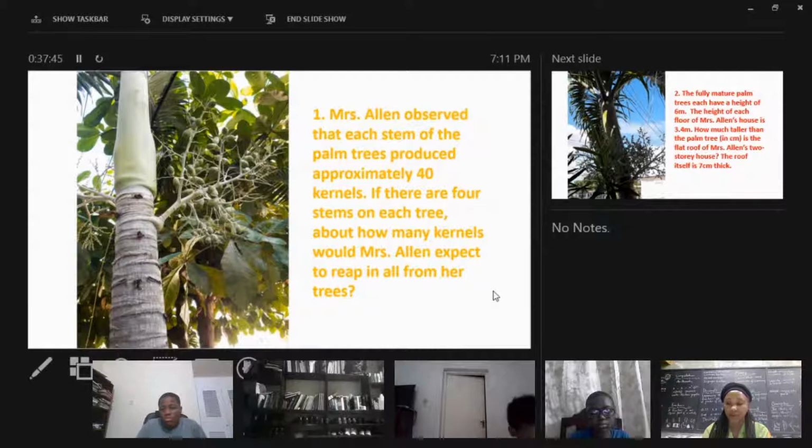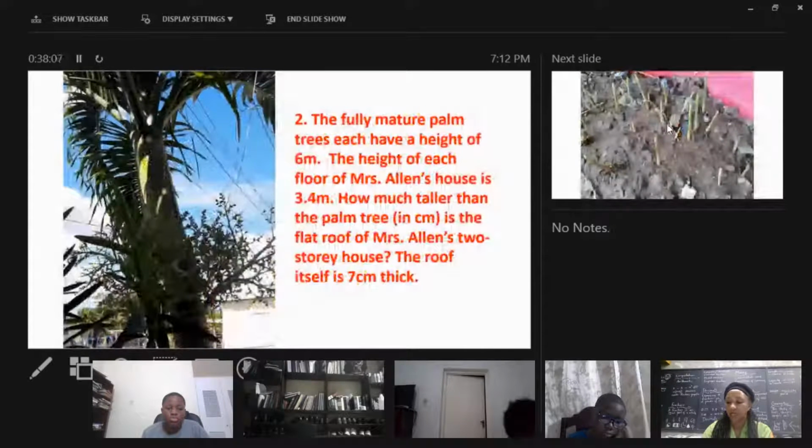John multiplied the 40 times 4 first, and then he multiplied it by the 3. But you realize we got the same 480 because this is the associative property. When we multiply 3 or more things, it doesn't matter which two we do first, the answer will be the same. All right.